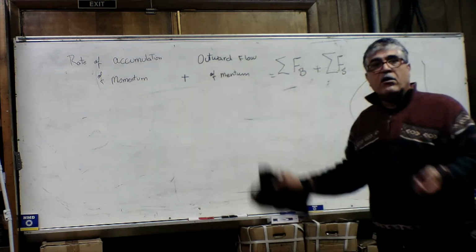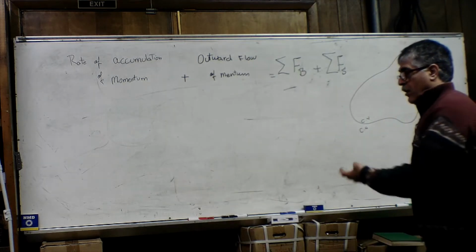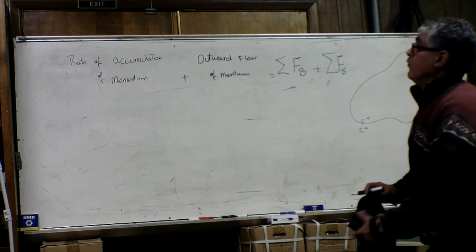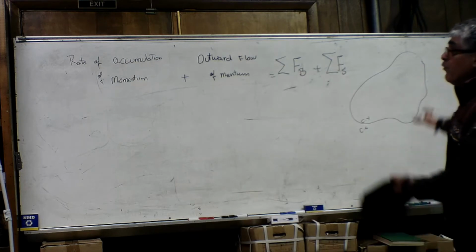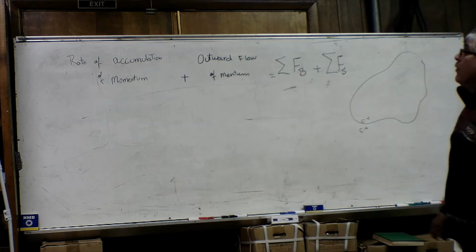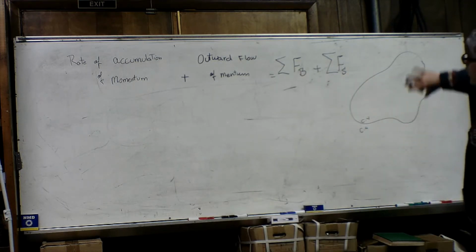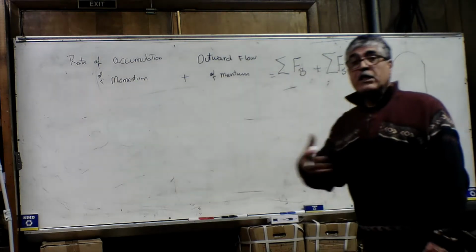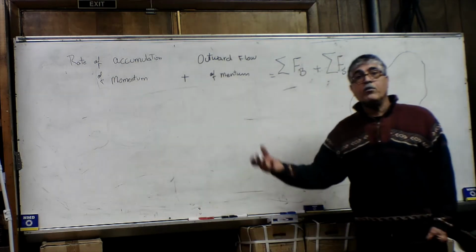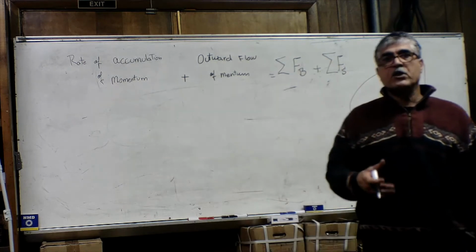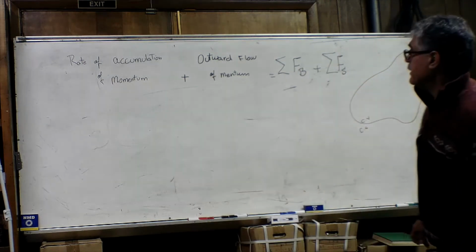So this is the conservation of momentum for the system: rate of accumulation of momentum within our system plus the outward flow of momentum from our system is equal to the summation of all body forces plus the summation of all surface forces.